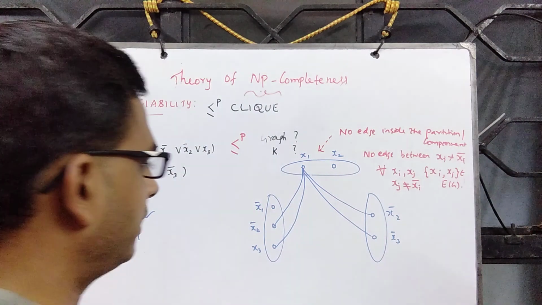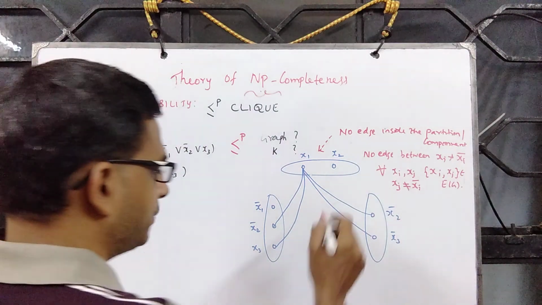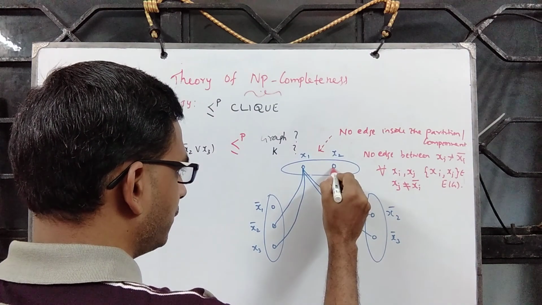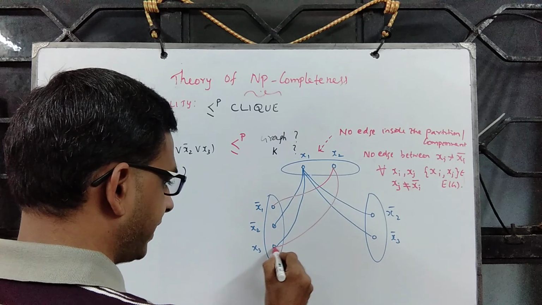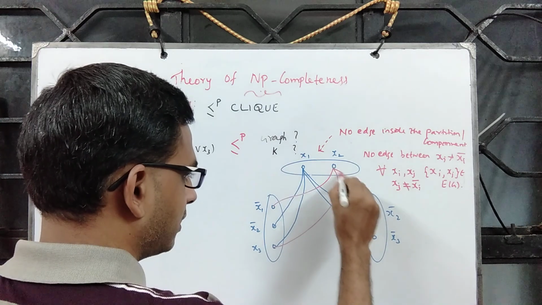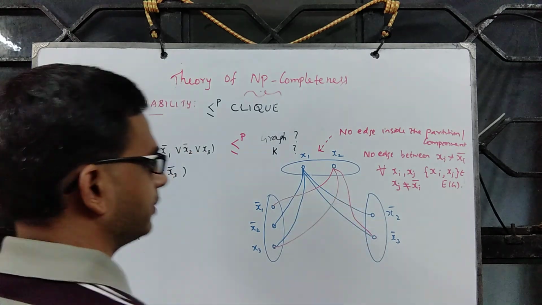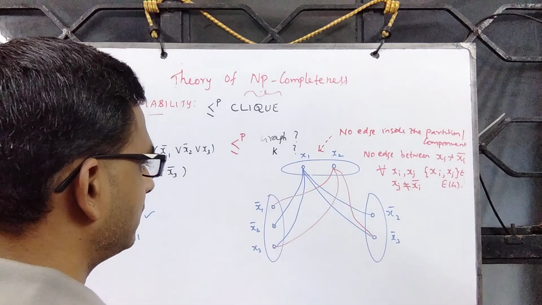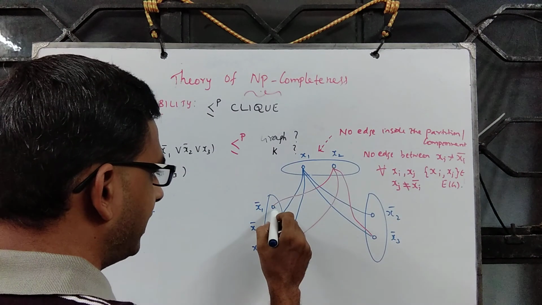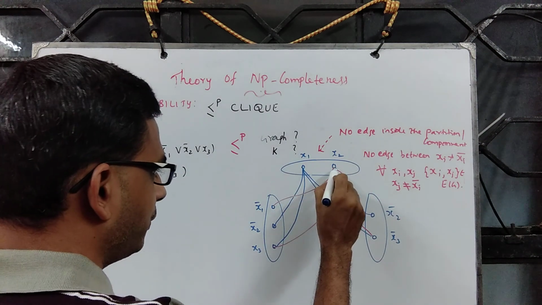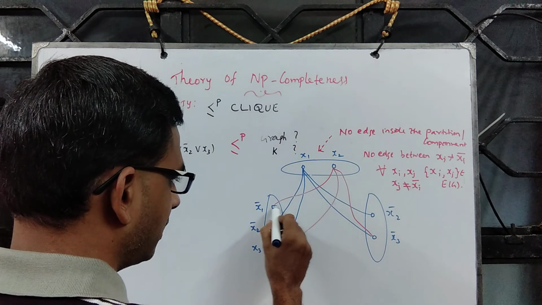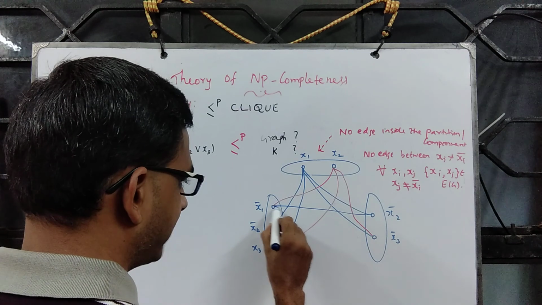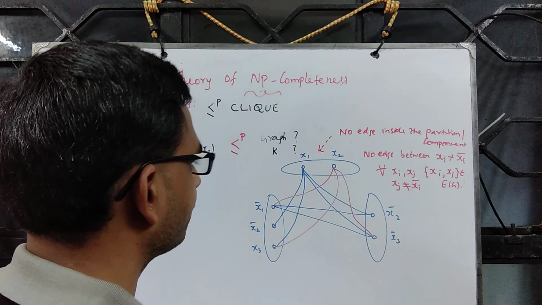So one is not the complement of another, which means you look at x2: x2 is adjacent to x1 bar, x2 is adjacent to x3 but not to this, and it is adjacent to this. Similarly, you look at x1 bar, this will be adjacent to x2 which is already there. Inside there are no edges, and outside it is adjacent to x2 bar and this.